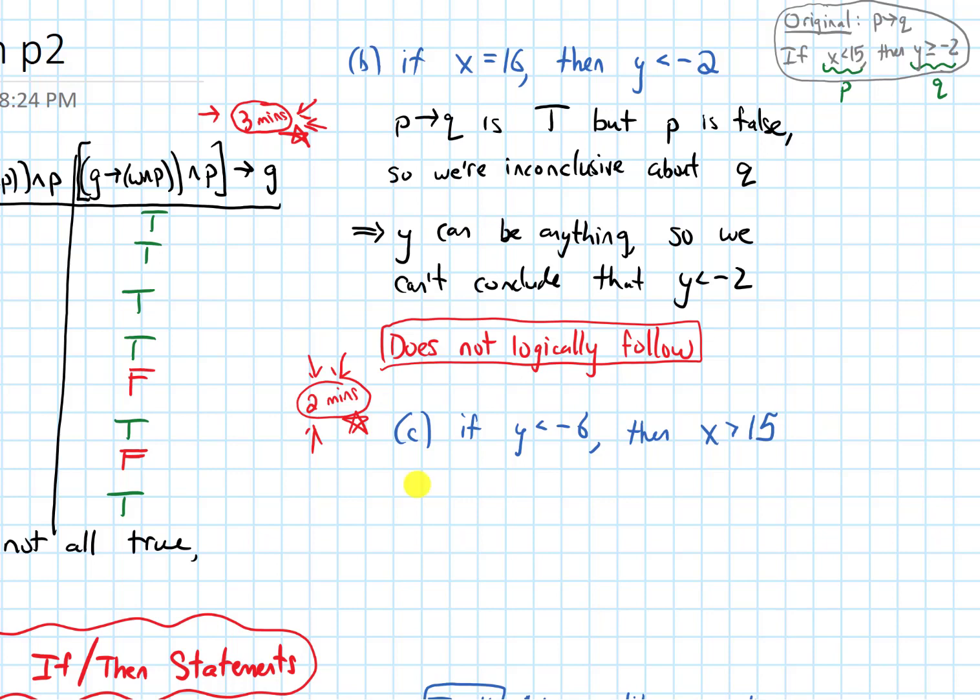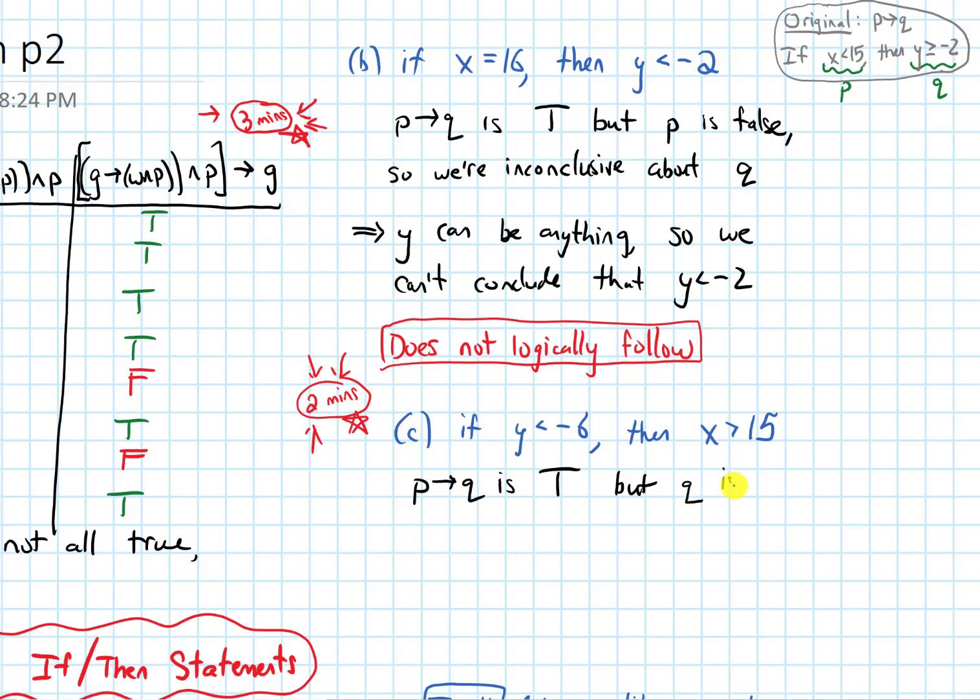Okay, so again, we're given that P implies Q, this original statement, is true, but we're given that y is less than -6. And that means that Q, which is saying y is greater than or equal to -2, is false.